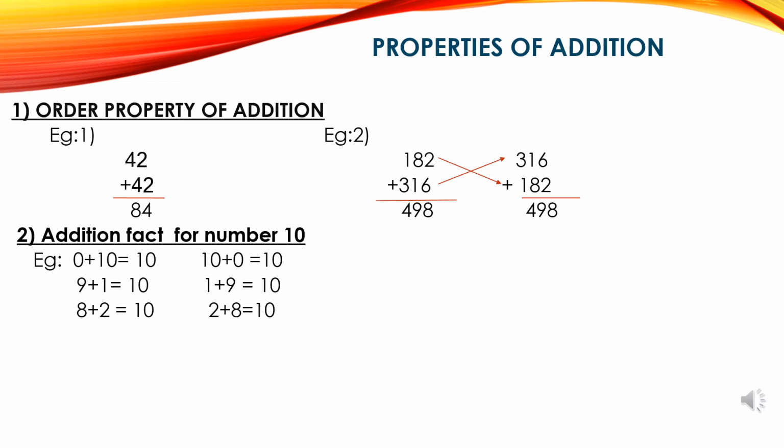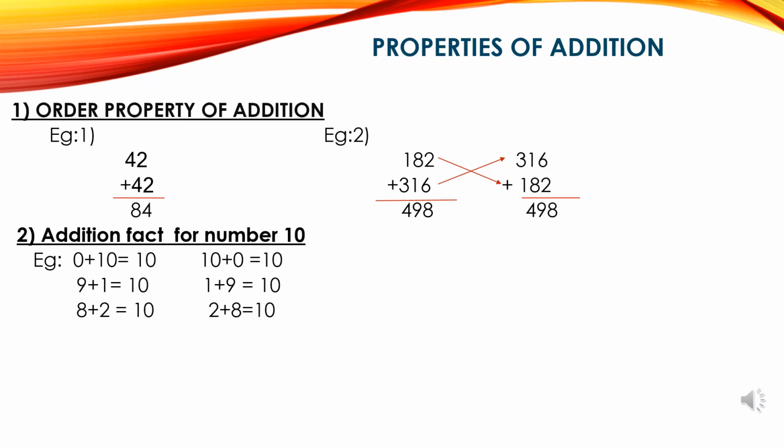So the sum of two numbers does not change even if we change the order in which we write the numbers. If you write 2 plus 8 or 8 plus 2, you will get the same answer, that is 10.